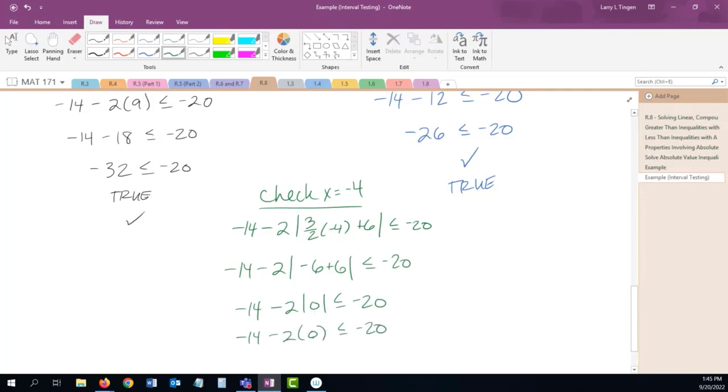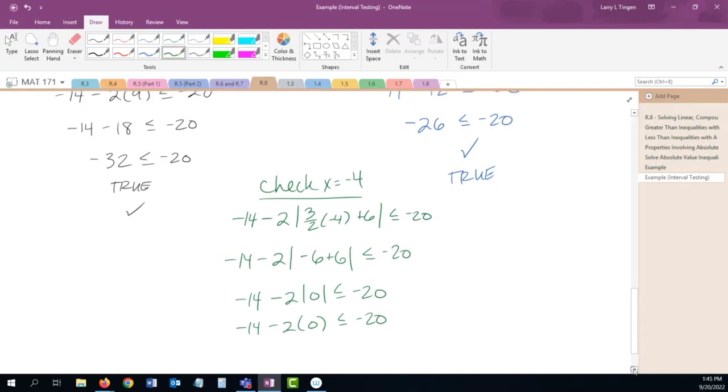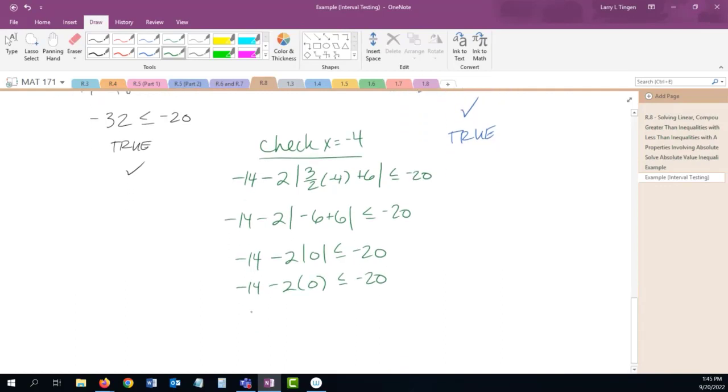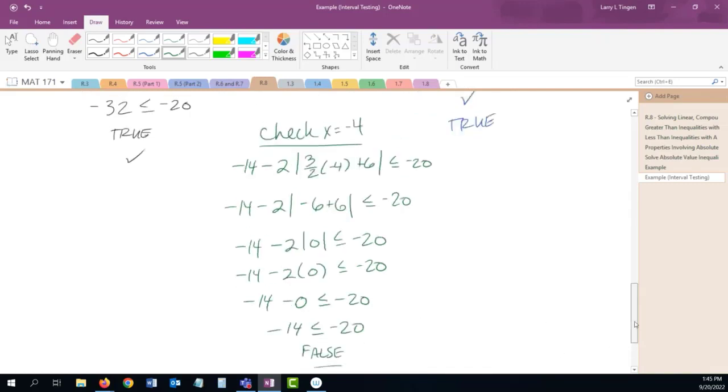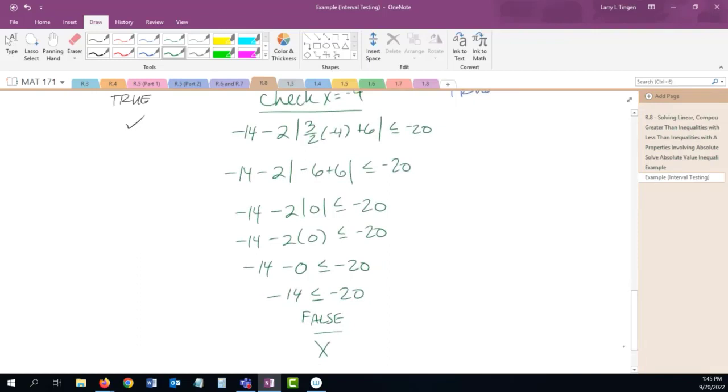Notice that I took the absolute value of 0 and got 0, and then I do math with it. 2 minus 0 is 0. Negative 14 is less than or equal to negative 20. That is false. So that means exactly what we thought happened.